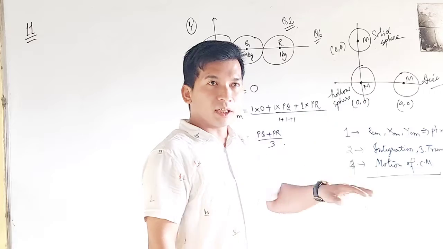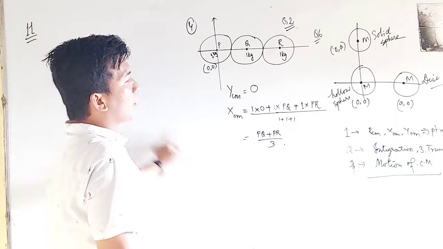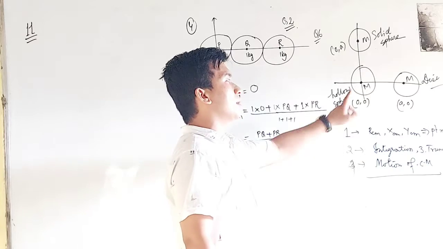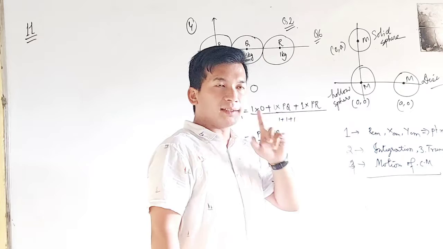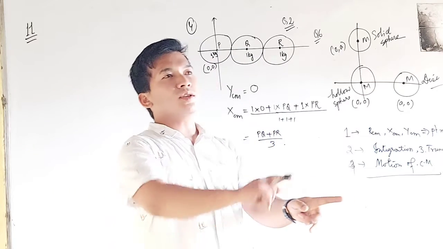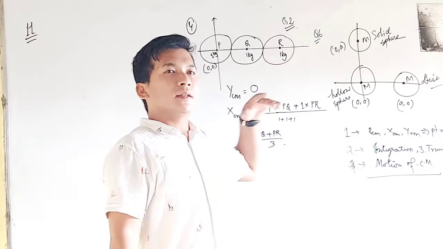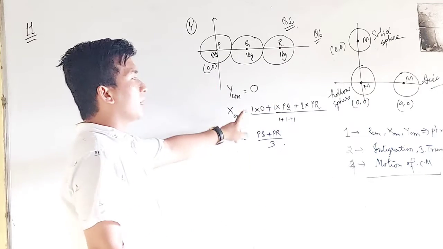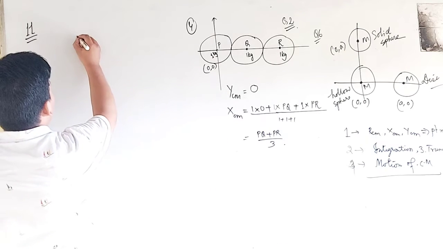This will be question number 11, the last question for our first type of the question, that is, questions based on your point masses. Whether point masses, solid body or rigid body, if they are point masses you can apply this rcm, xcm, ycm.